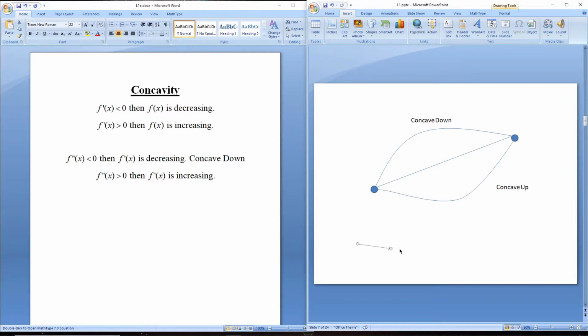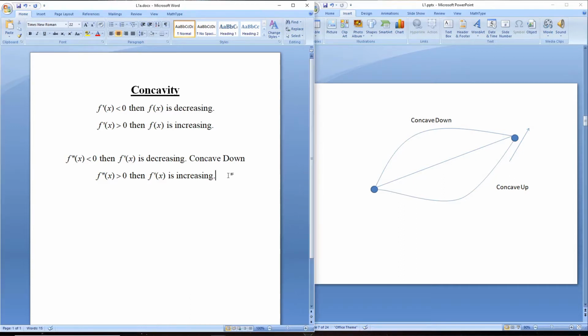Well, if we follow along, the tangent line, the slope, is going to increase. And then right as it gets to the end point, it's going to be looking about like that. So when the derivative is increasing, we get this concave up shape. And when the derivative is increasing, that means the second derivative must be greater than 0.